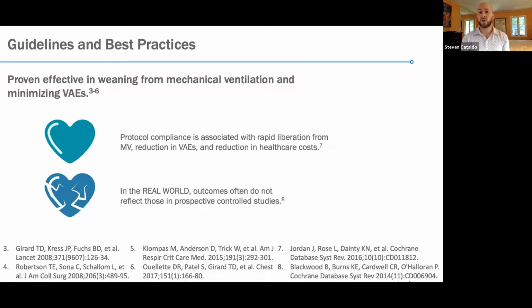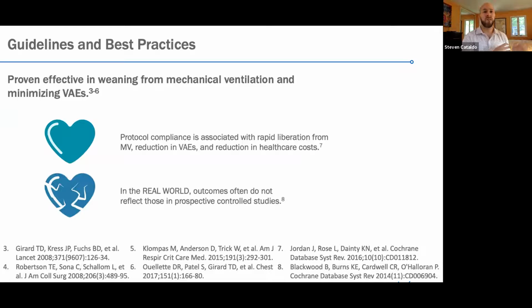All right, now that's a good thing, because then we get to see what is best, right? Given basically unlimited resources, can we decrease length of time on mechanical ventilation? Can we decrease VAEs and decrease costs?